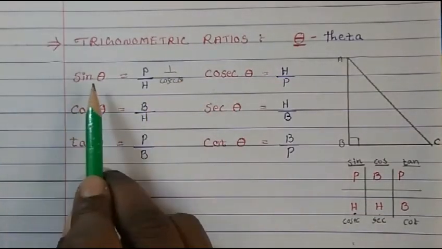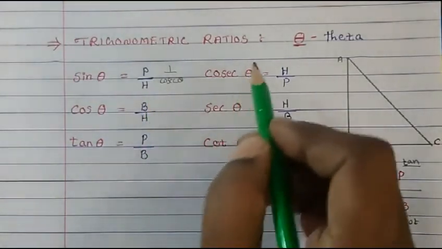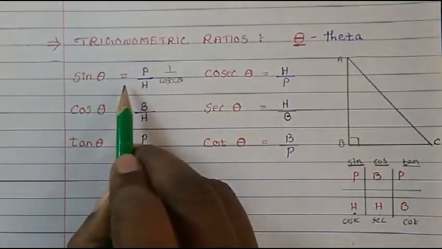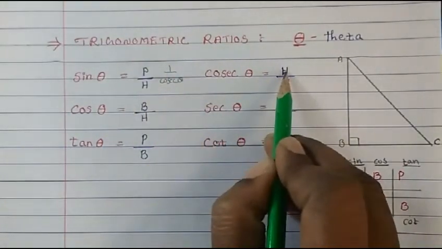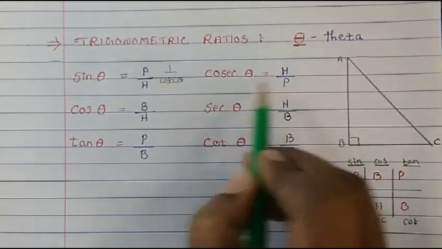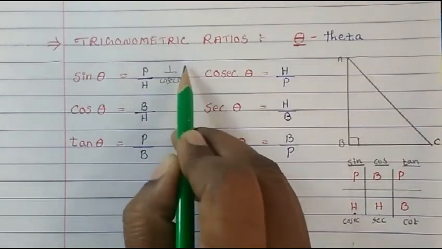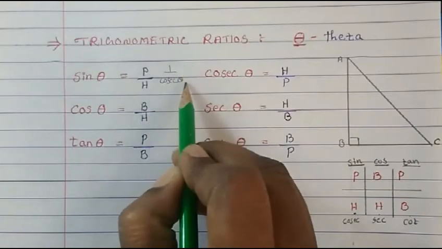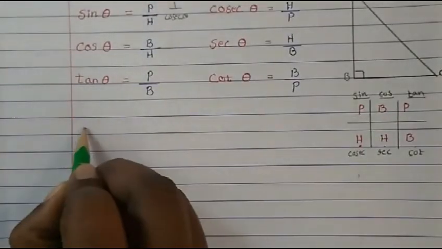Why? Because the inverse of cosec theta is sine theta. So what is 1 upon cosec? Cosec is hypotenuse upon perpendicular. If you write hypotenuse upon perpendicular and it comes to this side, it becomes perpendicular upon hypotenuse, just the opposite of it. I'll show you here.